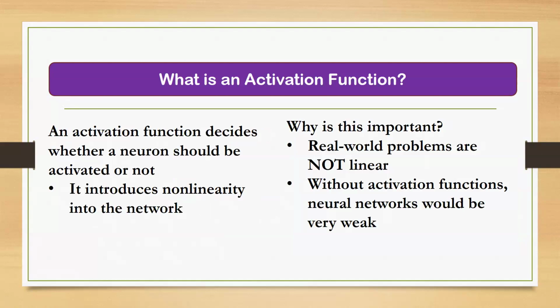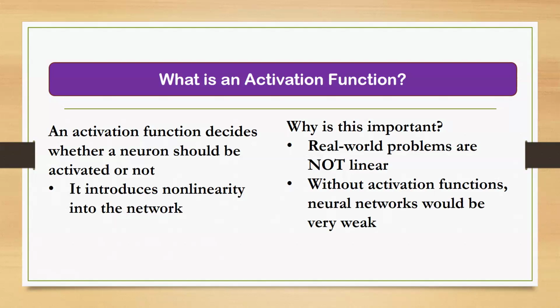What do activation functions do? Activation functions mainly introduce non-linearity into the network. That's what makes neural networks special, that ability to treat non-linear systems. It is the role of the activation function to do that.